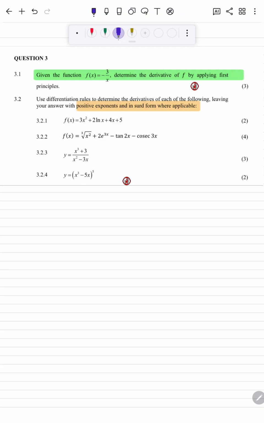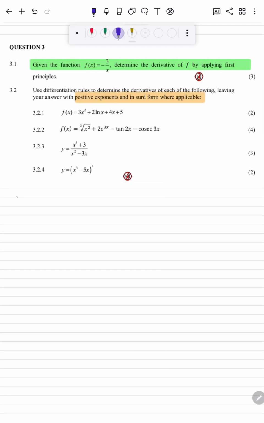So let us go to 3.2.1. Everything is ready for differentiation because you have the power, you have the log, you have 4x, you have the constant, so we are good. So this is going to be f prime of x. The derivative of 3x squared is going to be 6x because you drop the 2, so 2 multiplied by 3 gives you 6, and when you subtract 1 from 2 you are left with 1.